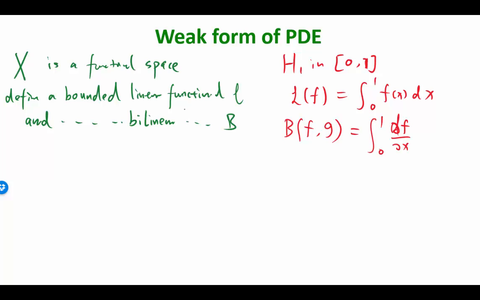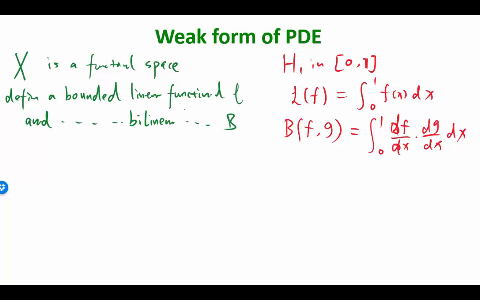Actually, it's one dimension, so it's df/dx times dg/dx. Okay? How do we know this bilinear functional is bounded? Cauchy-Schwarz, right? If this is going to be less than the square root of the integral of (df/dx) squared times the square root of the integral of (dg/dx) squared.